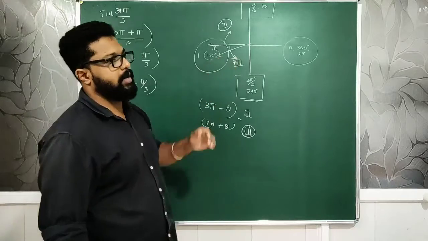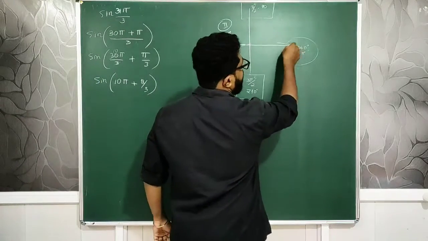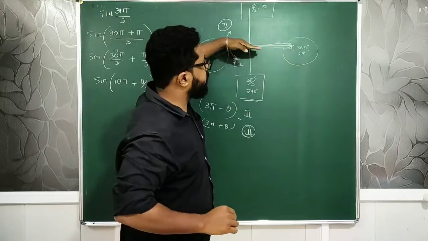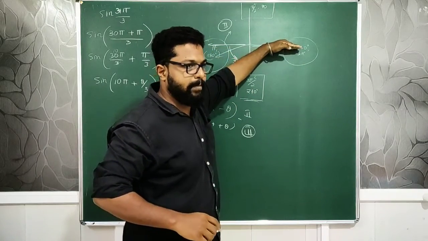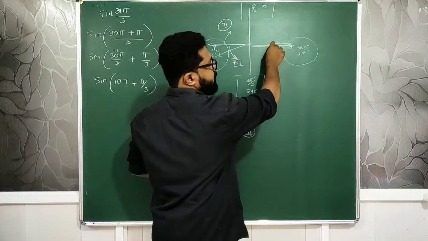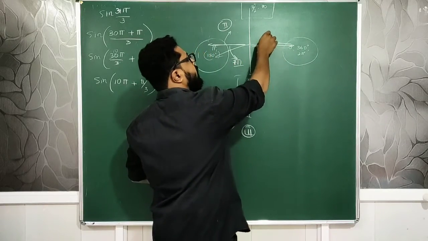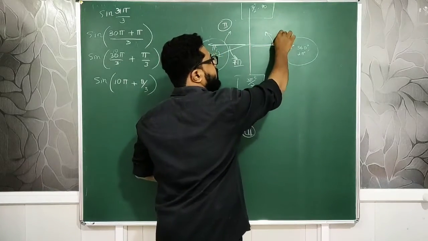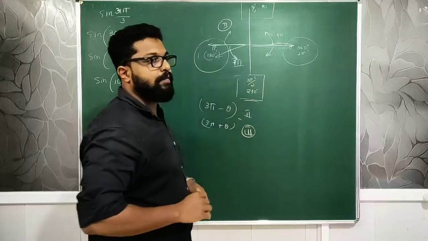What if I take an even multiple? Do you all agree it will fall on this particular portion of the line? The even multiple of pi is going to fall on this portion of the line. So for this one, if it is plus, it will be in the first quadrant. If it is minus, it is falling in the fourth quadrant.